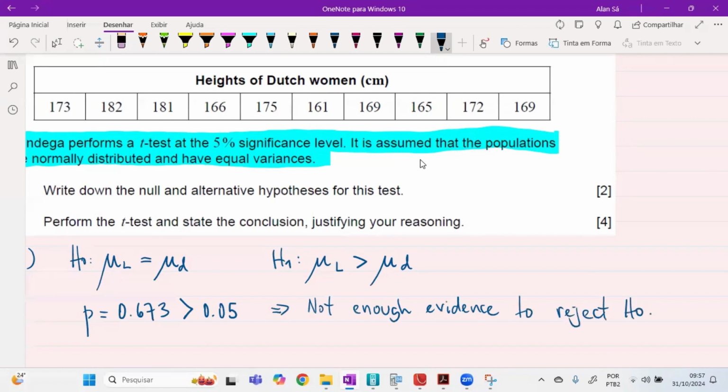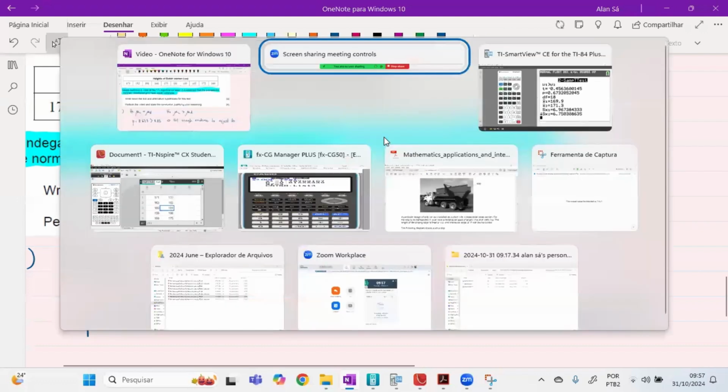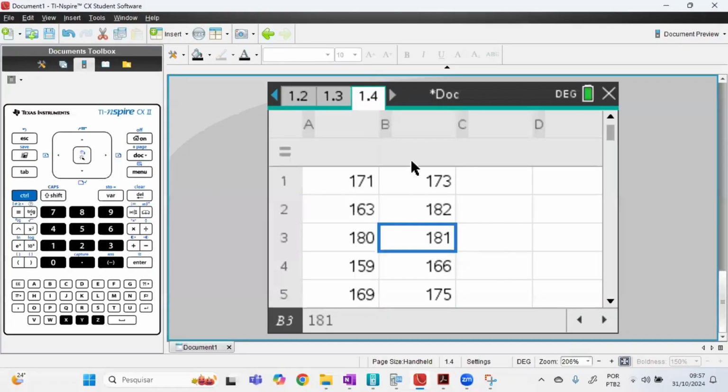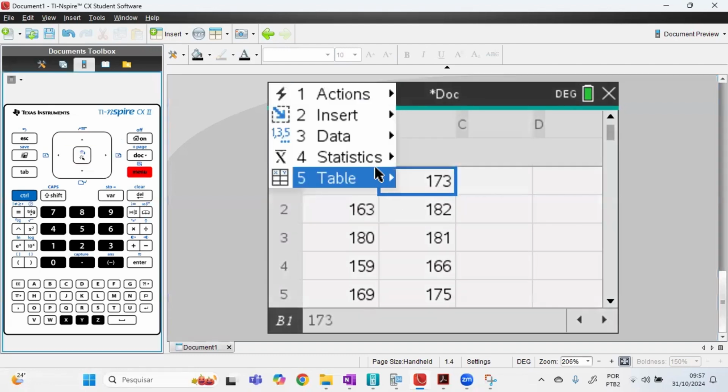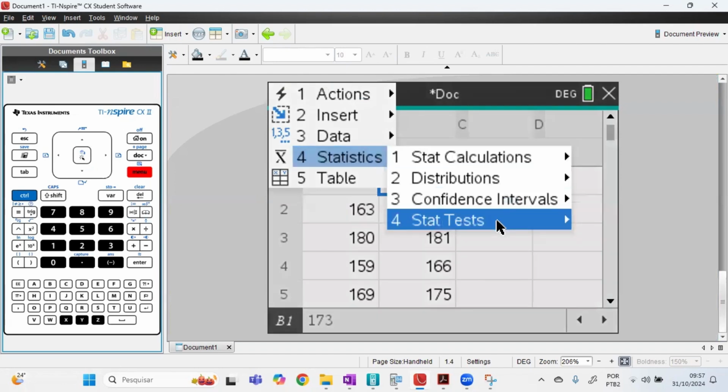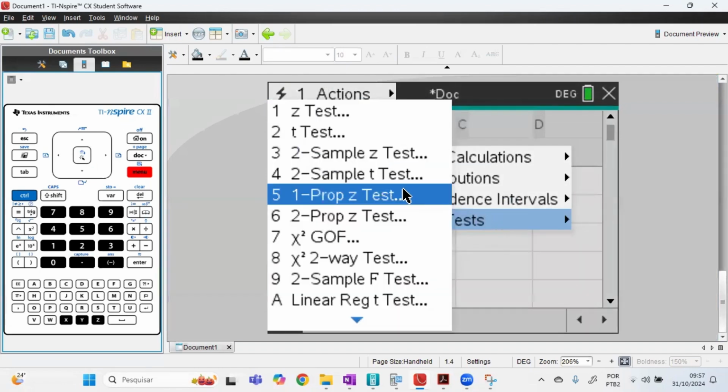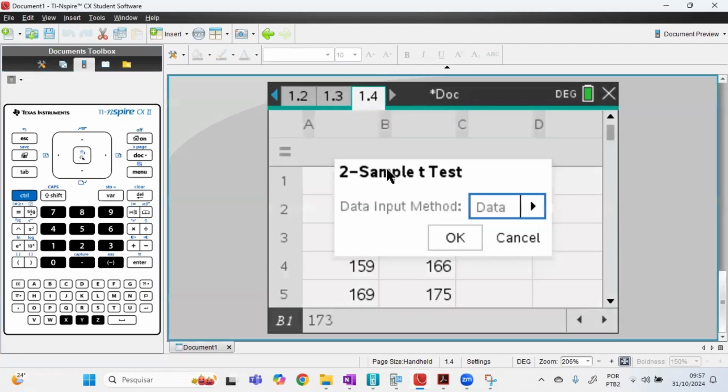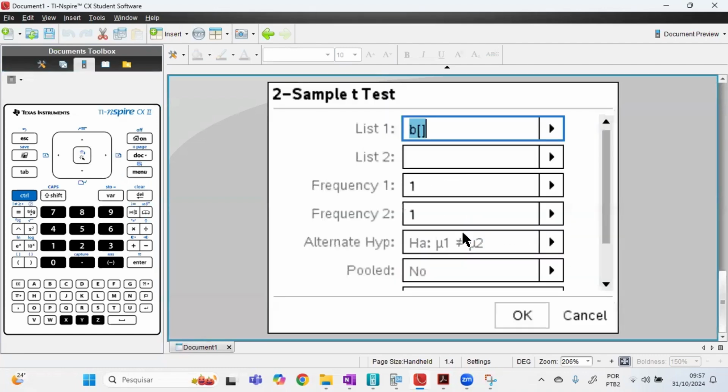In the other calculators, we follow the same steps. If we go to Nspire, I've already inserted the values here. Then we go to menu, then statistics, statistical tests, and then two-sample t-test. Select data.